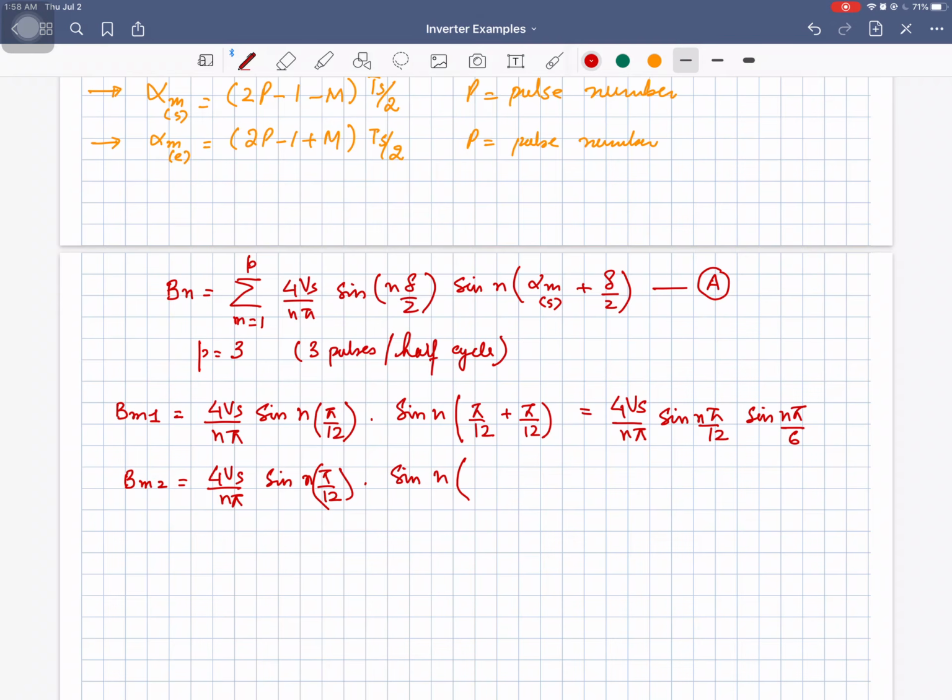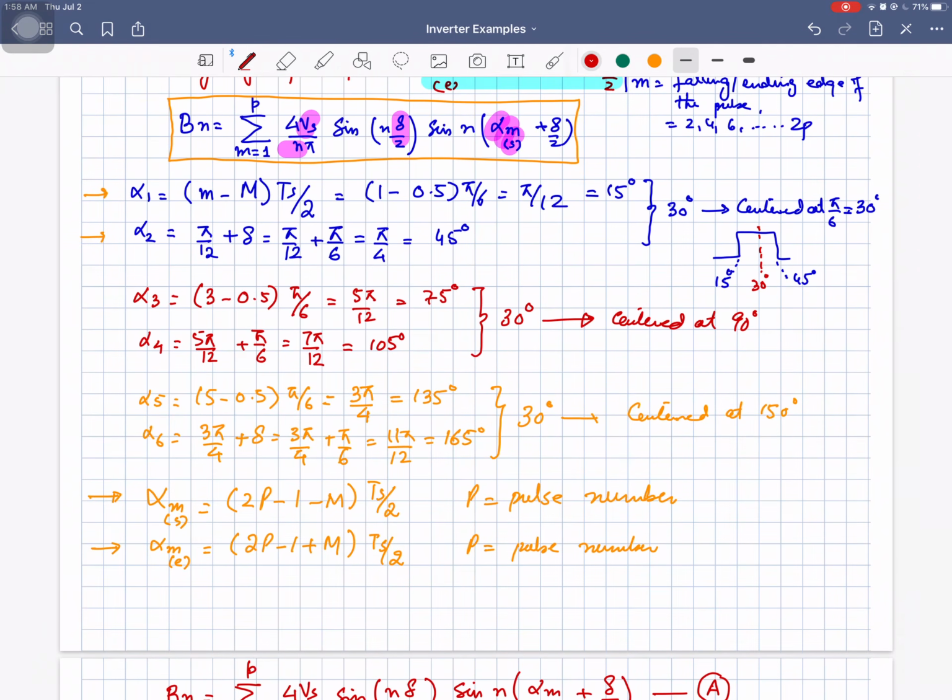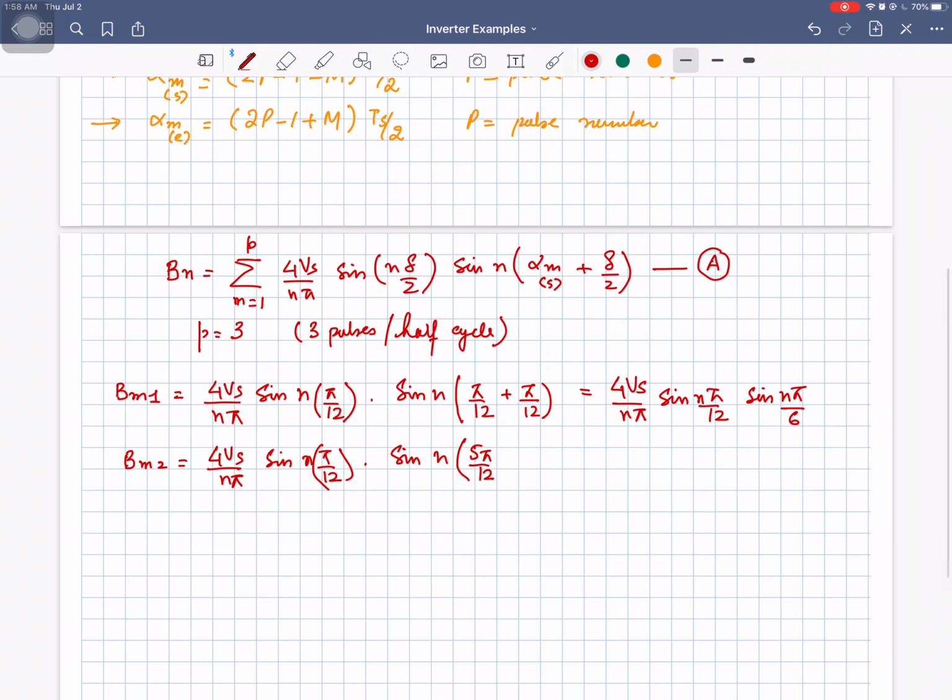Now alpha m of the second pulse, that is the starting angle of the second pulse, is equal to 5 pi by 12. So 5 pi by 12 plus the width of the pulse divided by 2, that is pi by 12, the same as above. So this can be written as 4 Vs by n pi into sine n pi by 12 into sine n pi by 2.